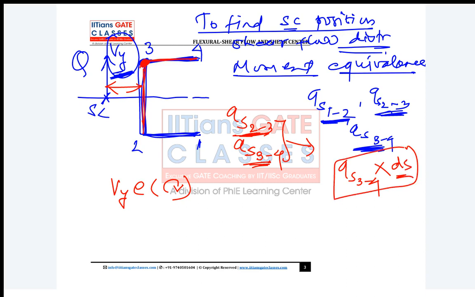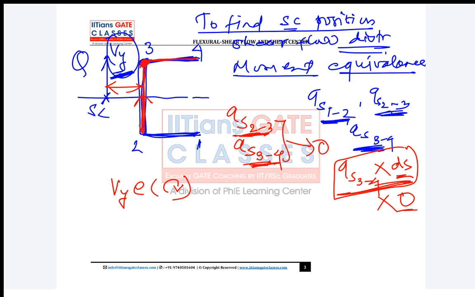This force into the moment arm. When the force passes through this point 3, what is the moment? The moment is 0. So that means this QS 2 to 3 and QS 3 to 4 will give 0 contribution.